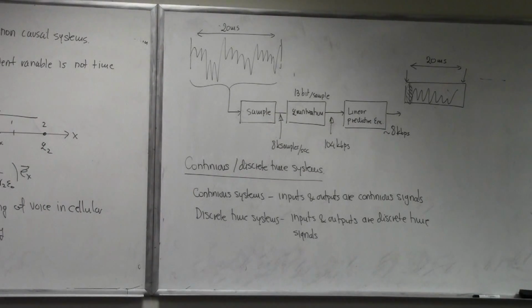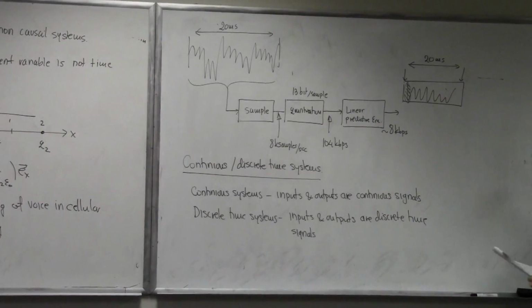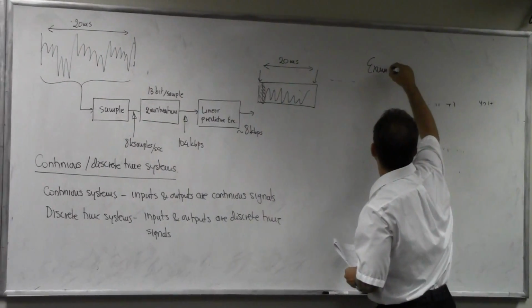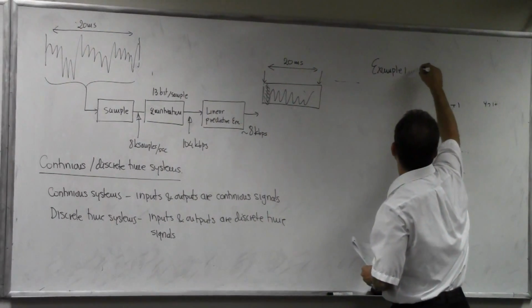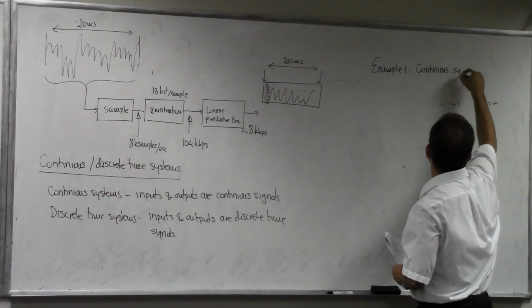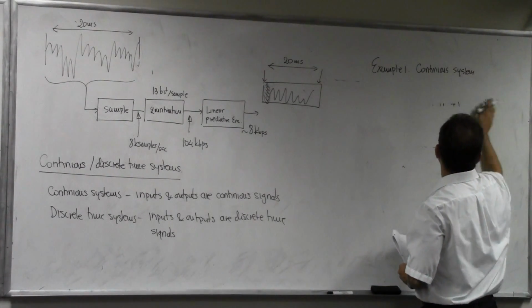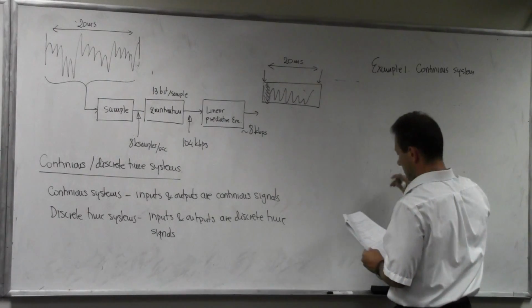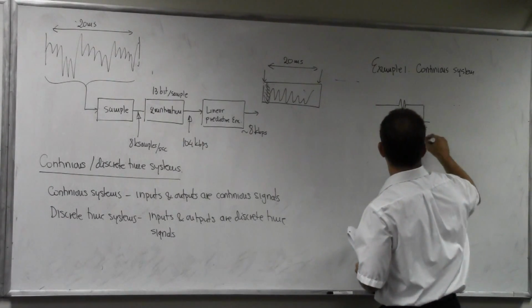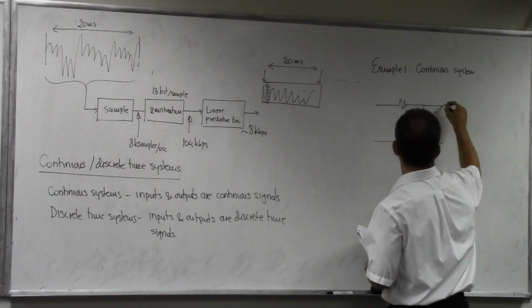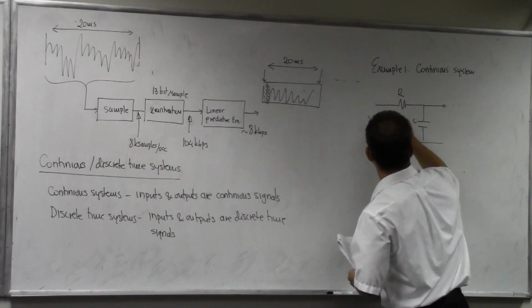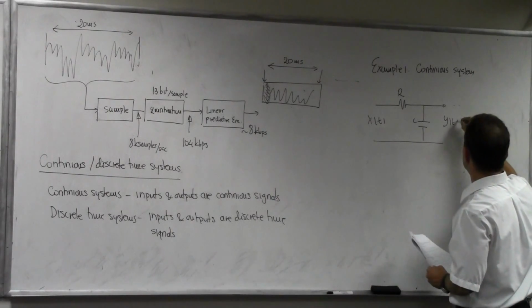A couple of examples. First one is a continuous system. Your input and your output are going to be continuous signals. Let's look at a first order low pass filter. If I present here x of t, I'm going to get y of t.